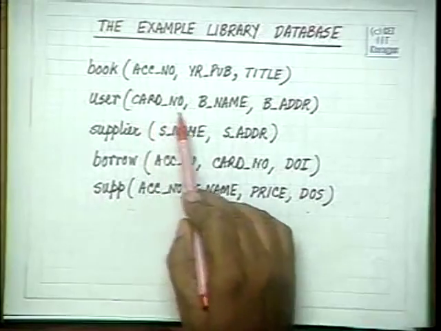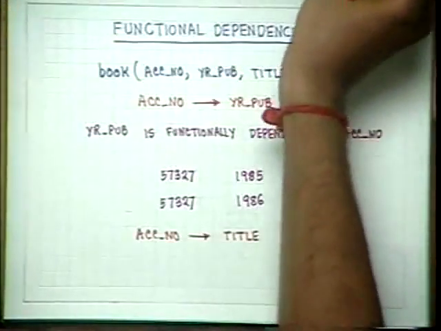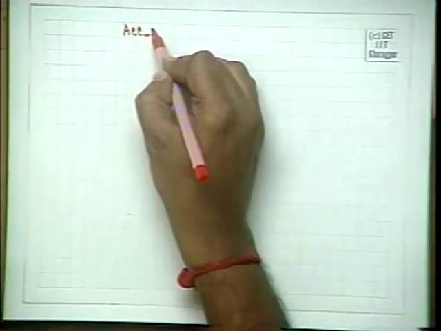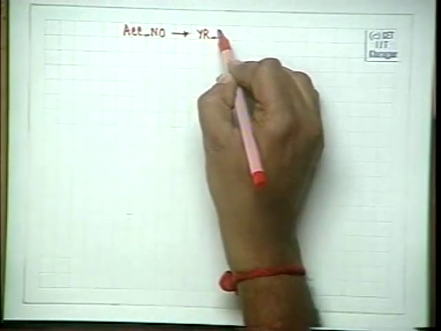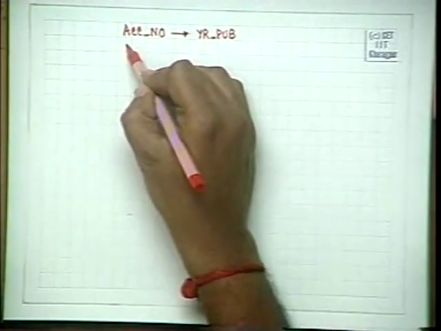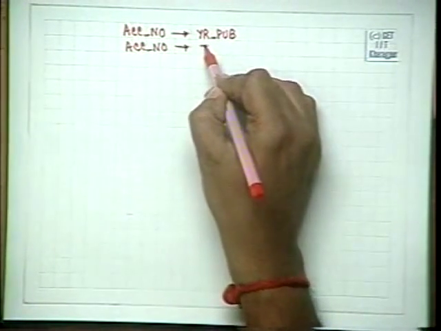Let us come to the user relationship. Since card number is the primary key, let us list out how we will write down the primary keys in terms of functional dependencies. Accession number to year of publication. Accession number to title.